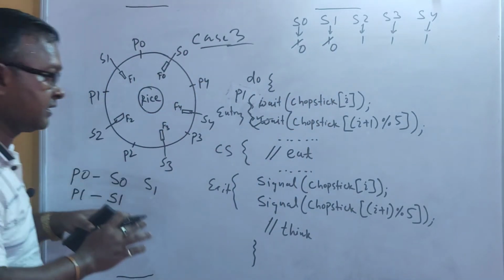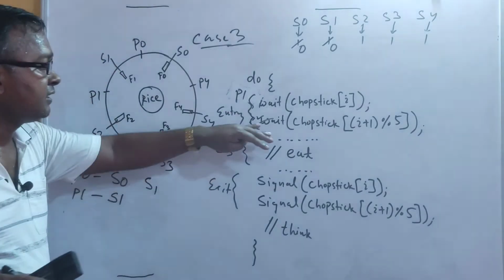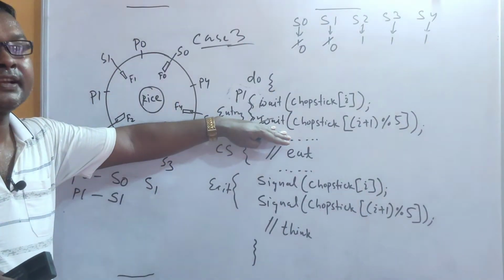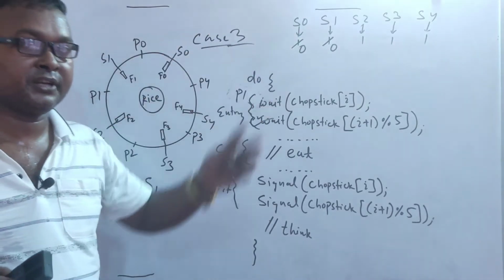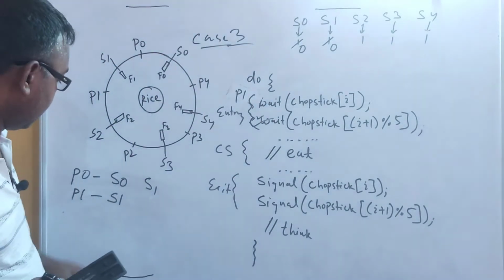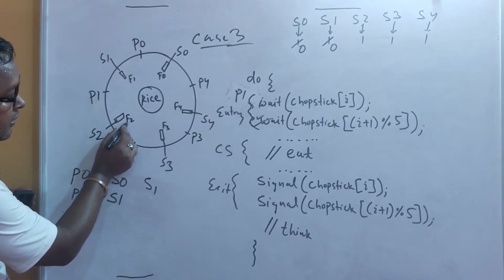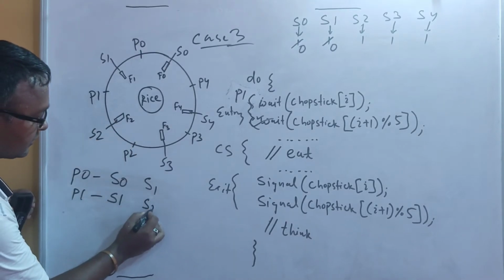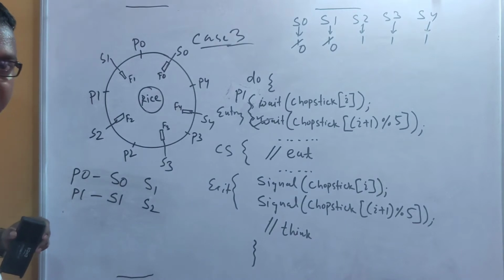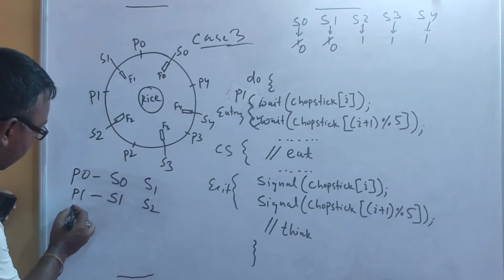The same situation happens here. It is not able to execute the second line of code and P1 gets preempted. It could not access fork F2, that means semaphore S2.